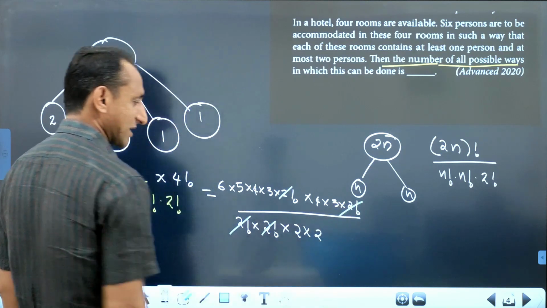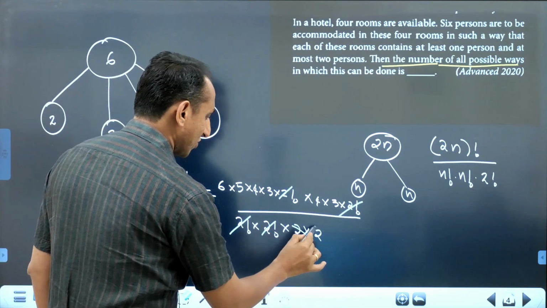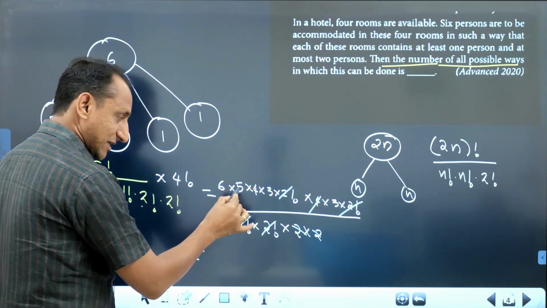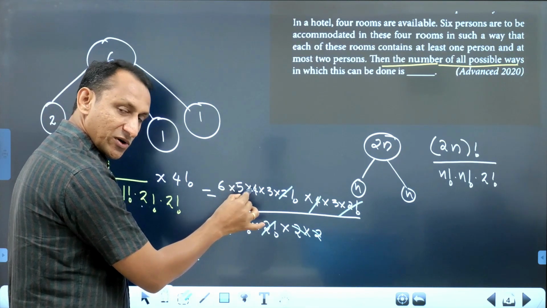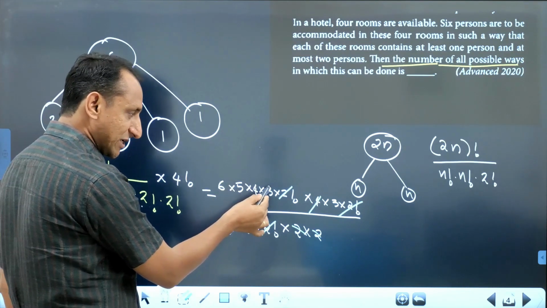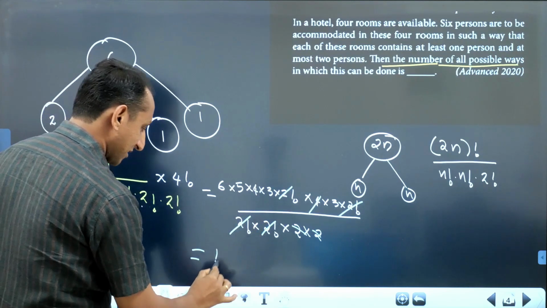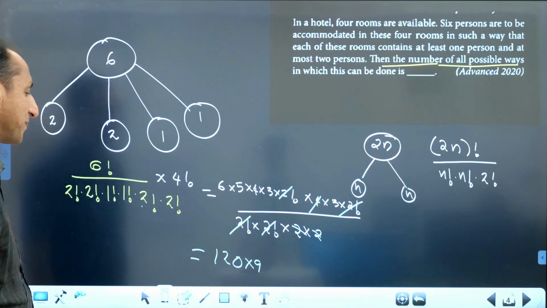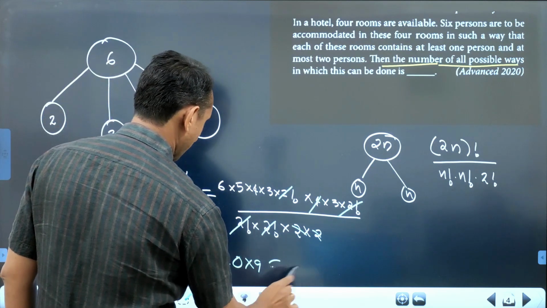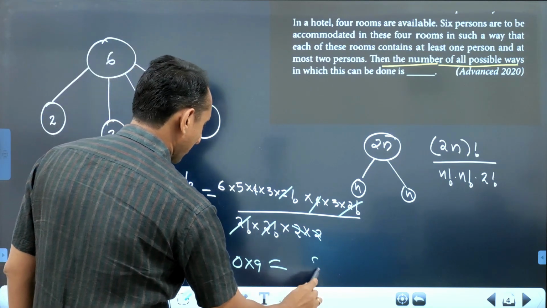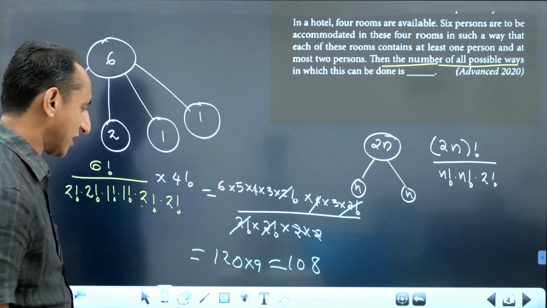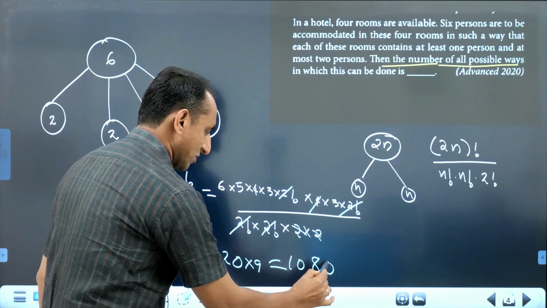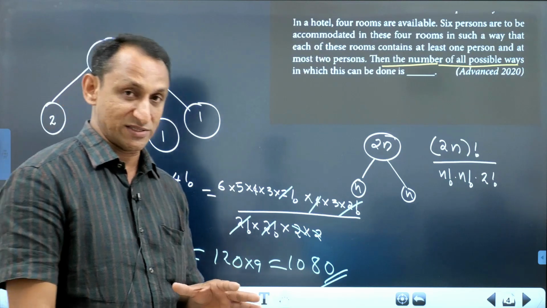These 2 factorials are cancelled. 2 into 2, 4 is also cancelled. Remaining 6 into 5, 30. 30 into 4, 120. 120 into 9 is 1080. So the answer becomes 1080.